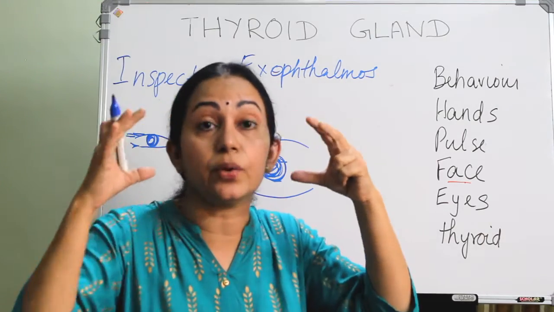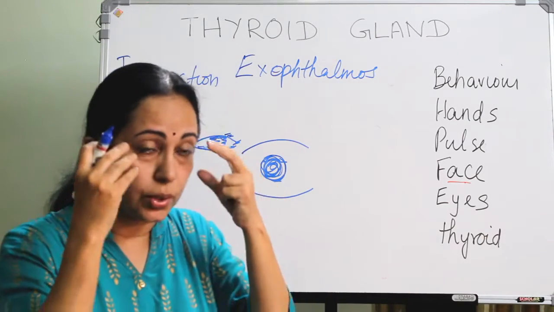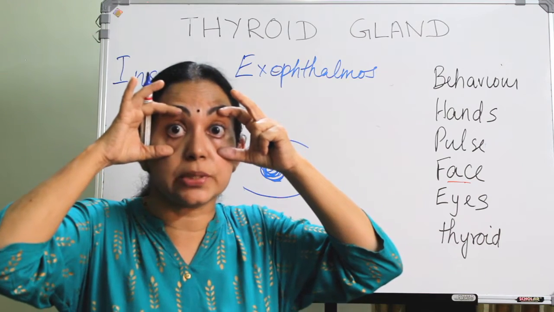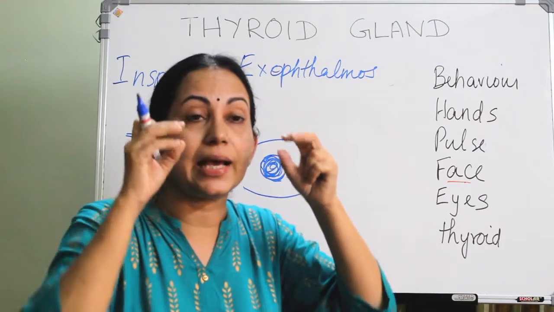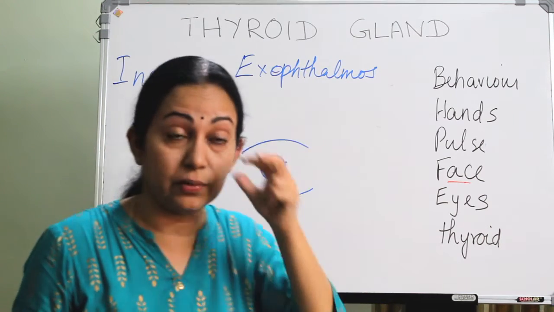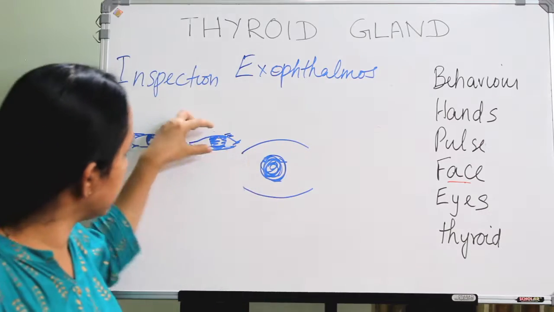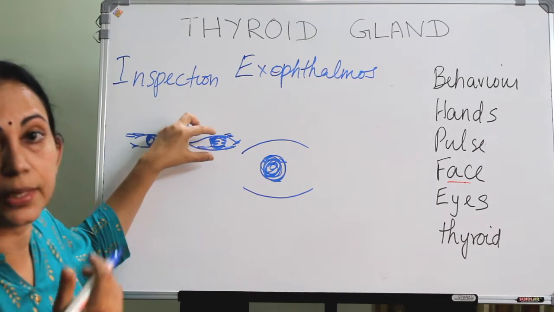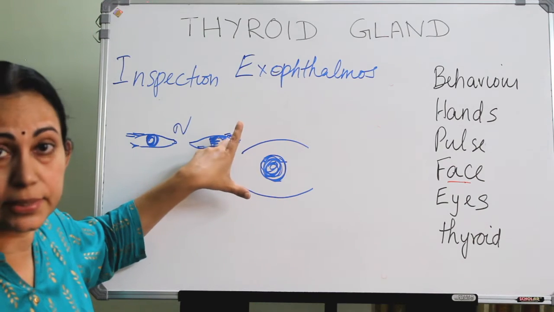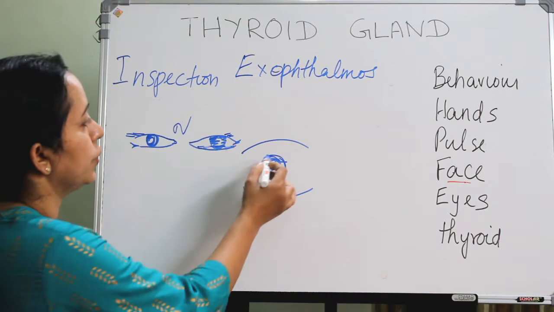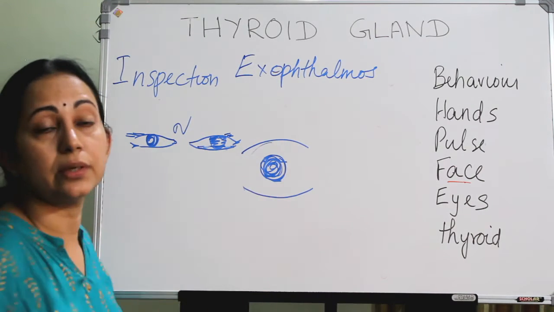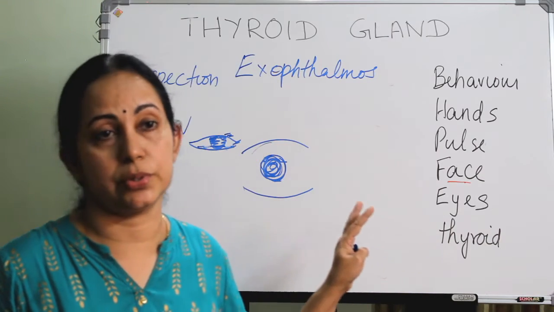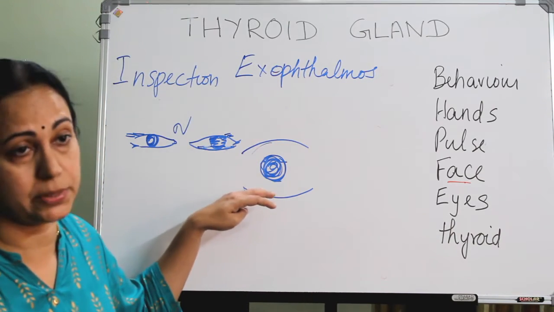There will be widening of the palpebral fissure. So there will be a staring appearance. If my upper eyelid and lower eyelid go like this, you will feel as if I am staring at you. The distance between the upper eyelid and the lower eyelid will be widened. So you can see the sclera all around the cornea. That happens in case of thyrotoxicosis, or in Graves' disease.